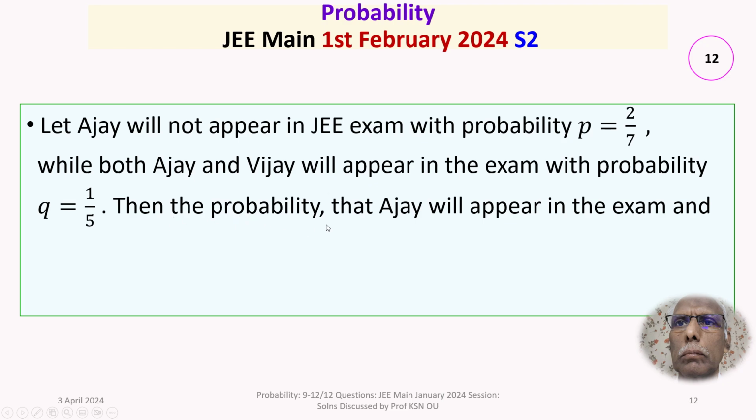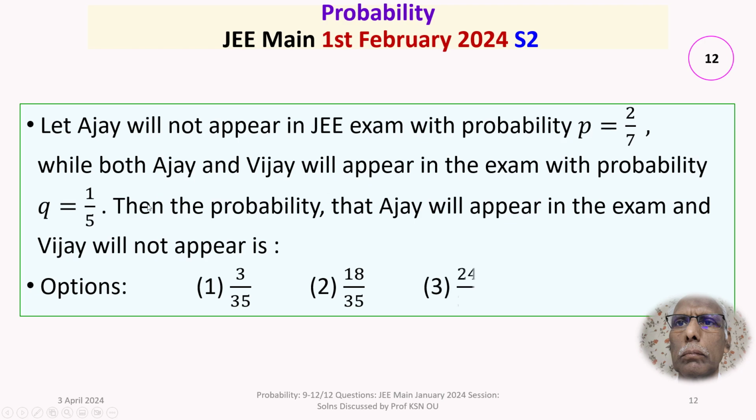Then the probability that Ajay will appear in the exam and Vijay will not appear is. So we have to find out the probability of Ajay appearing in the exam and Vijay not appearing in the exam. Given that Ajay is not appearing in the exam, its probability is given as p equal to 2 by 7.